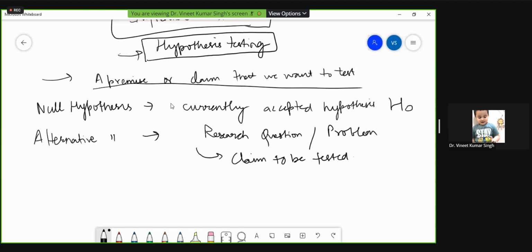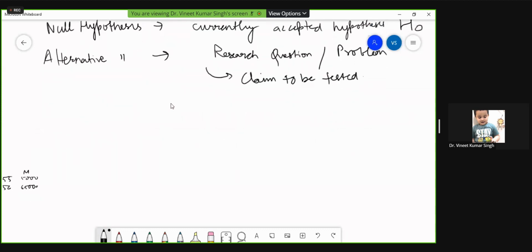So suppose one person says that he makes bricks of 500 gram in his chimney.